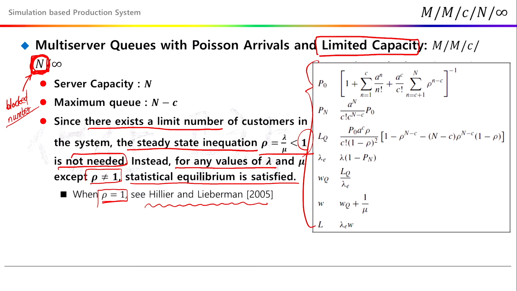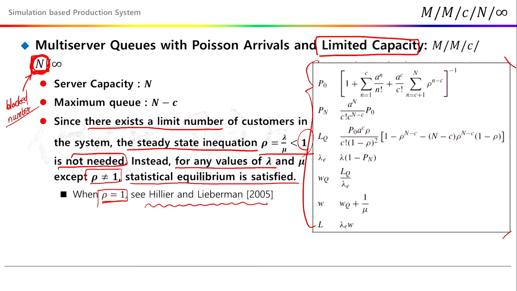Maybe in our actual simulation study, this model might be frequently referenced to compare with the discrete event simulation model, because it lets us keep the entire number finite.